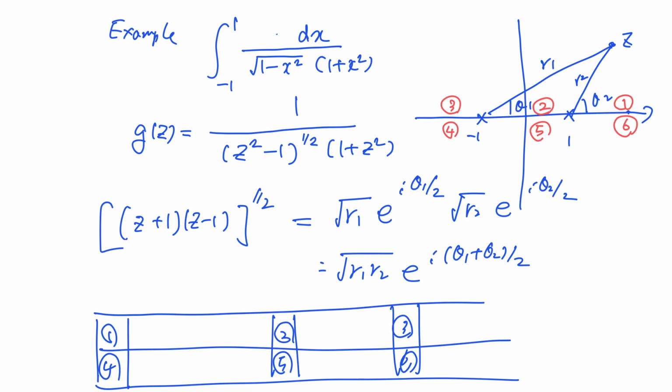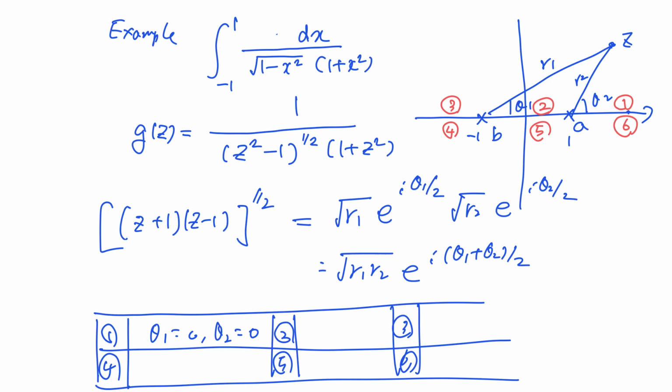The angle is measured from this point, whether you call it A1 or -1, or A or B. So at this point, theta 1 is 0, and theta 2 is 0. How about point 2? Theta 1 is still 0, right? How about theta 2? At this point, you measure this one: pi.